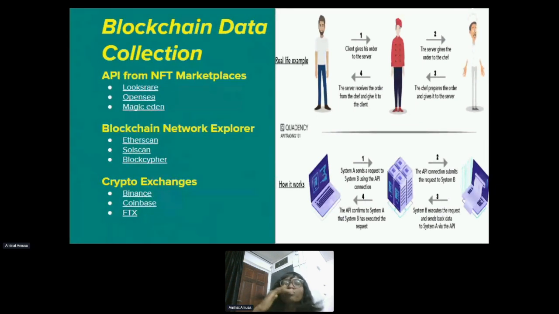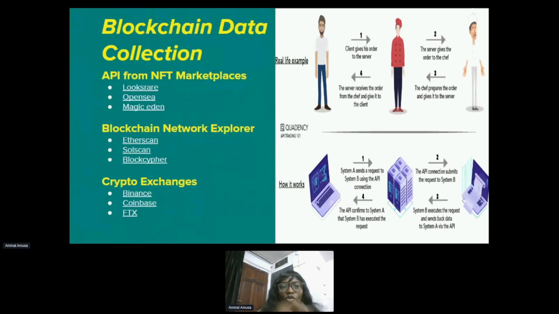They provide real-time data, meaning you can see the exact transactions that happen at a particular time or period of time with a simple call to their API.